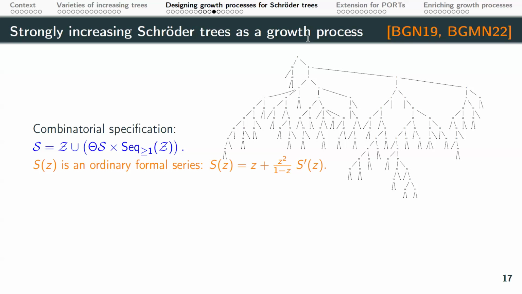And I attach to this new internal node a sequence of at least one atom, because I reuse the pointed leaf that I got there.